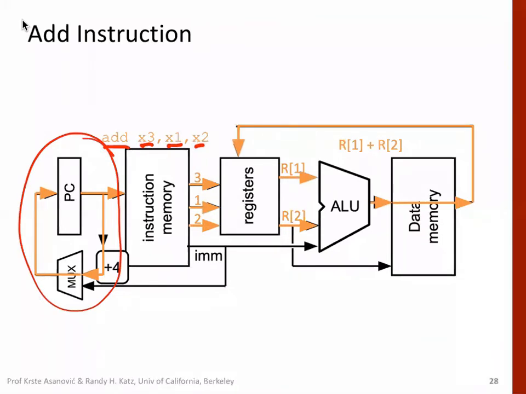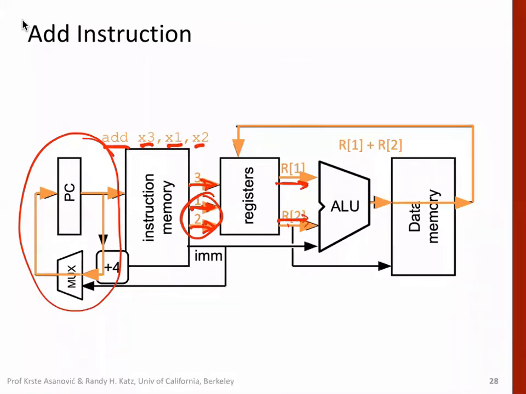Then the x1 address is taken out, the x2 address is taken out, and the x3 address, or register 3 address, is taken out. At the same time, the 2 registers corresponding to 1 and 2 are read, and the values will appear here.